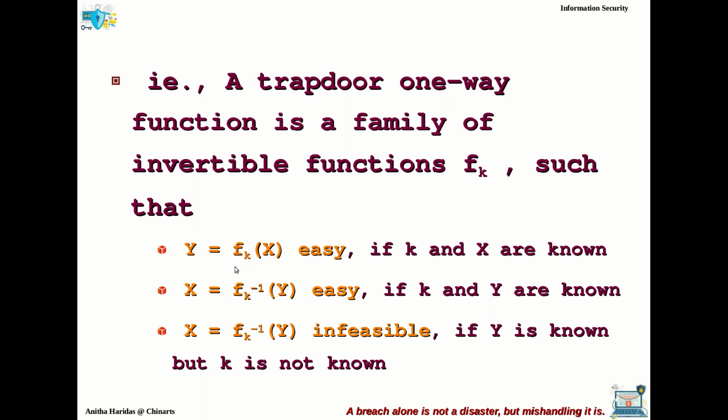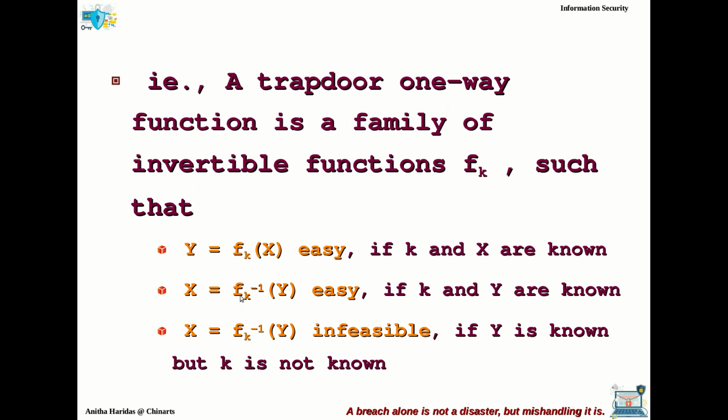So you can observe here, this is easy because the k value and x value are known. The inverse is also easy because the k and y values are known. But if the y value is known but the k value is not known, then the inverse becomes very difficult or infeasible. These kinds of functions are called trapdoor one-way functions.